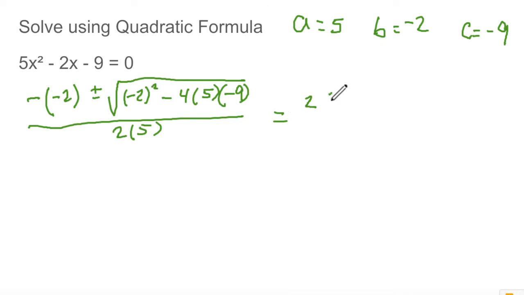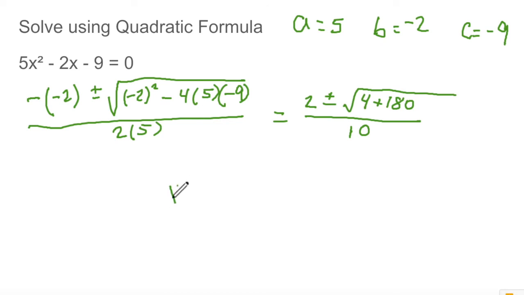And then plus or minus, what do we get inside the radical? Negative 2 squared is 4. And then 4 times 5 times negative 9 is going to be a positive 180. Then we divide that by 10, and we're going to get two solutions. 2 plus root 184 divided by 10, and 2 minus root 184 divided by 10.